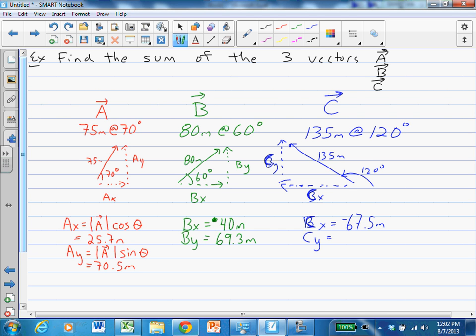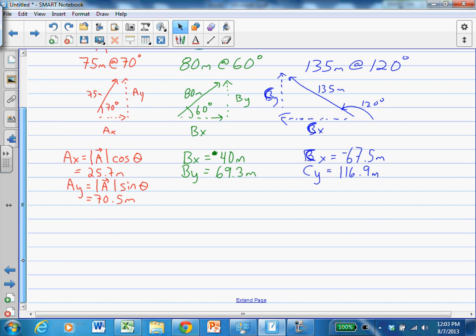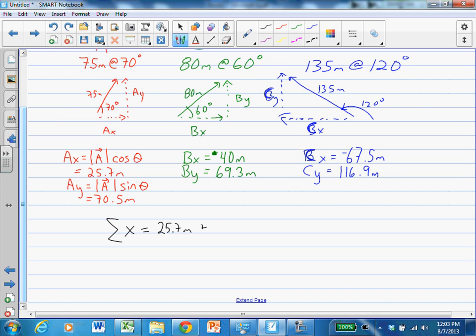The next step in the process is to sum all the x components. So the sum of the x's would be 25.7 for the A's, plus 40 meters, plus a minus 67.5 meters. And that will give us minus 1.8 meters, not much in the x direction overall.